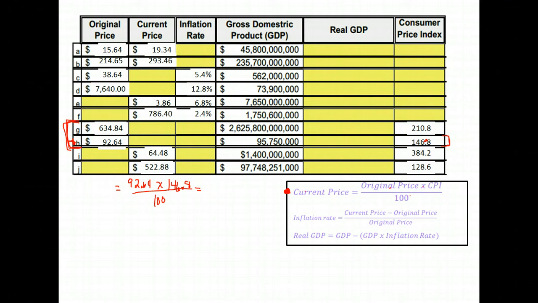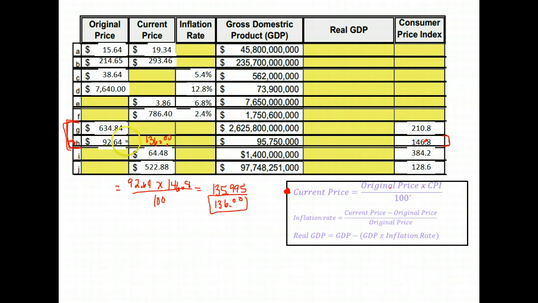So we do 92.64 times 146.8, and then divide by 100, and we get a current price of $135.995, so that's actually going to round us up to $136 even. Okay, so for line H, my current price is $136.